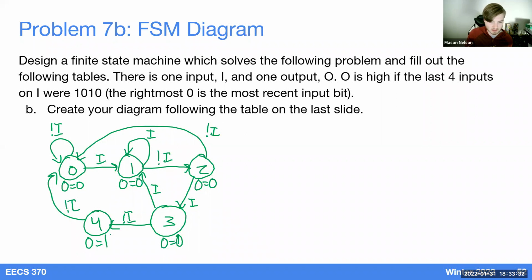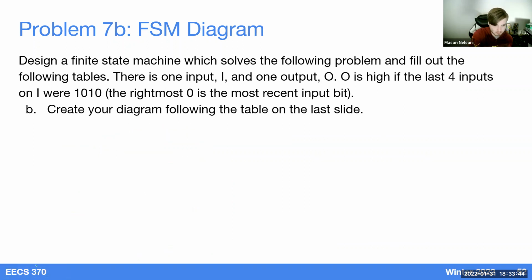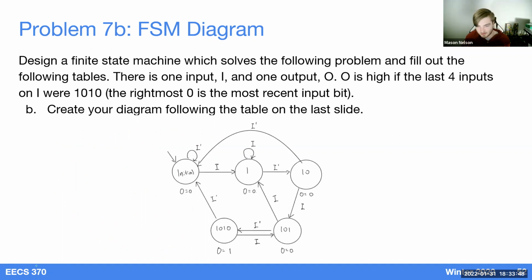Otherwise, we can go back to state 2 and use some things. Or sorry, state 3, I meant to say. Oh no, well, that doesn't work. Anyway, I'll just show you the picture. So we have all of our states, we have all of our transitions, going back and forth. And that's how we would go from our table to our diagram.